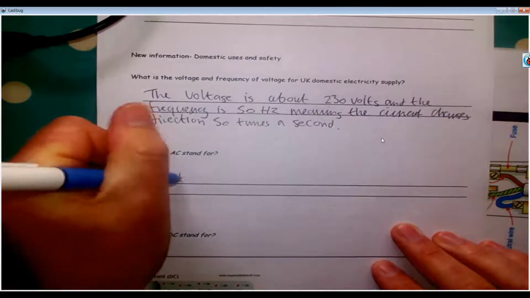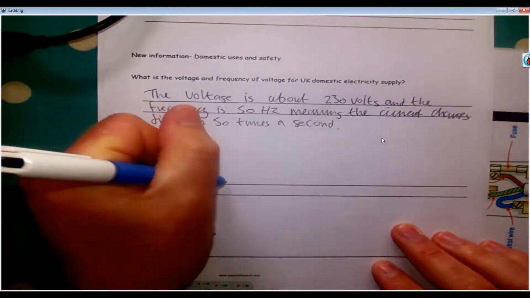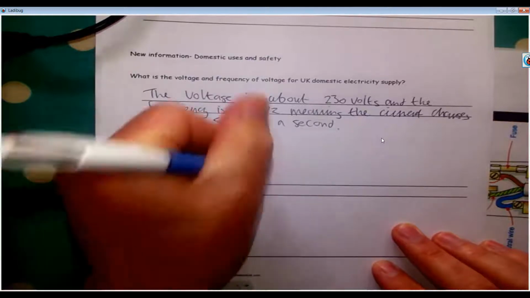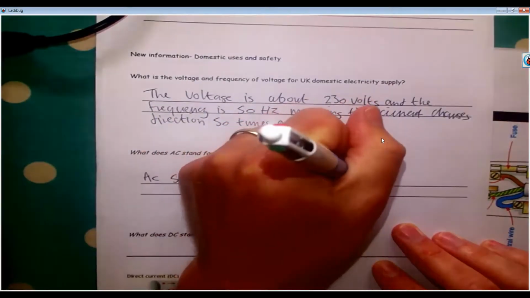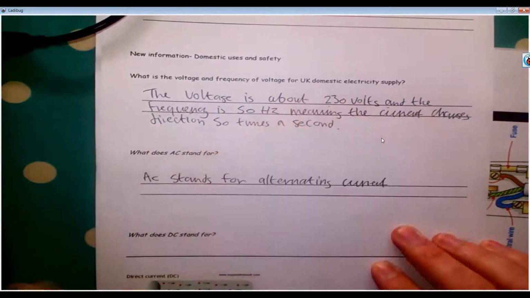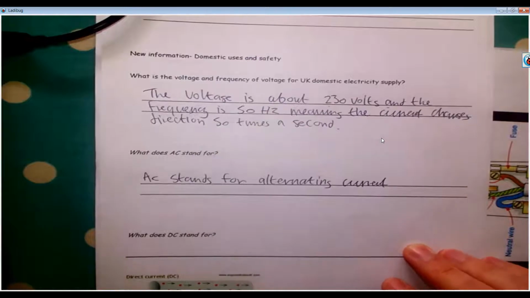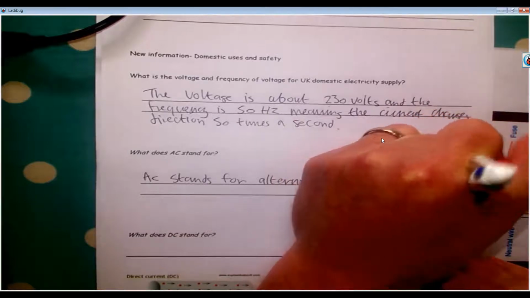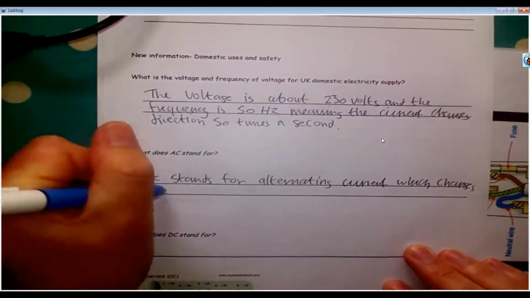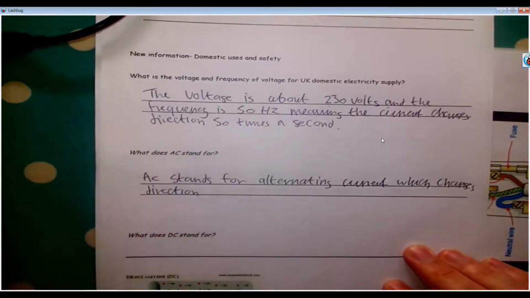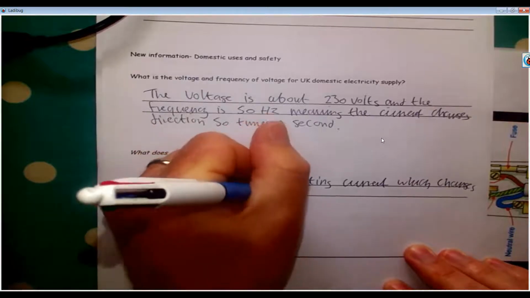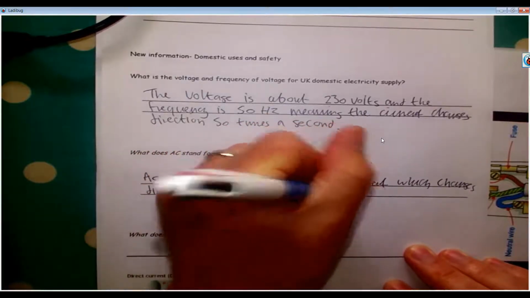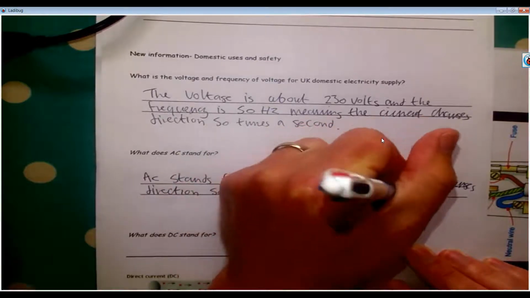AC stands for alternating current, which changes direction 50 times a second in the UK.